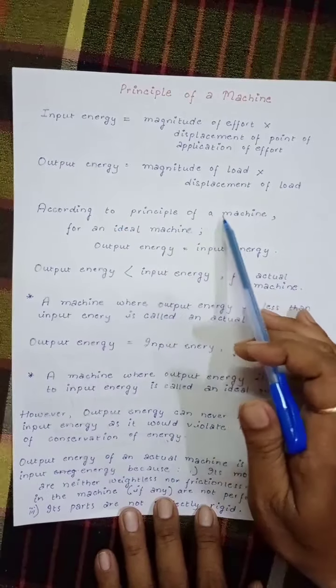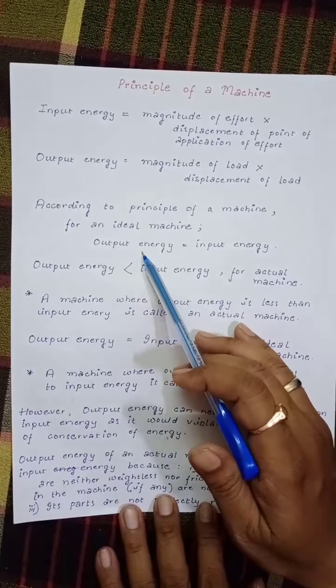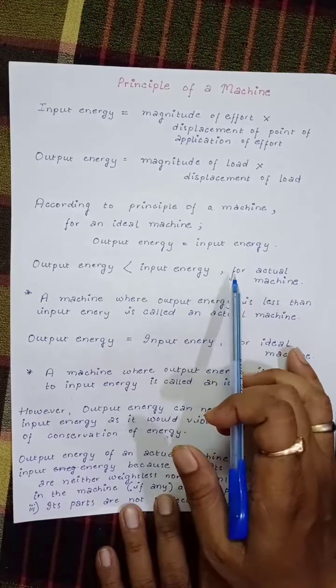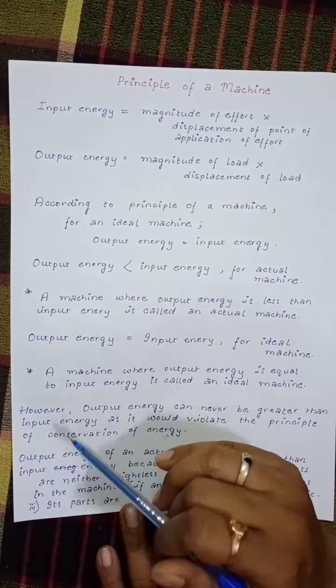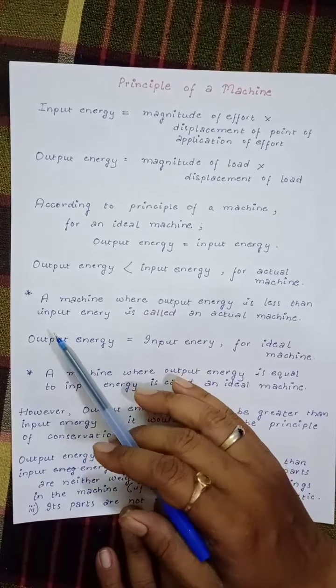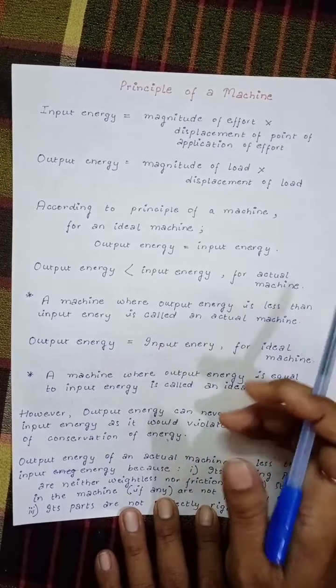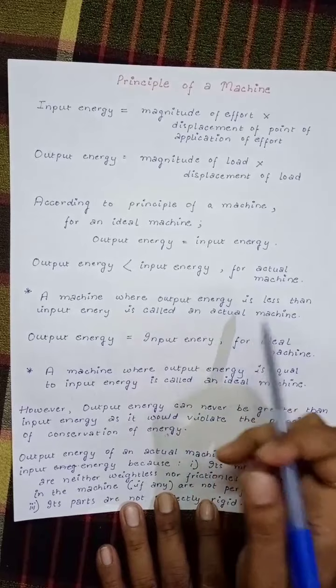According to principle of a machine, for an ideal machine output energy equal to input energy, but for an actual machine output energy is less than input energy. Hence we say a machine where output energy is less than input energy is called an actual machine.